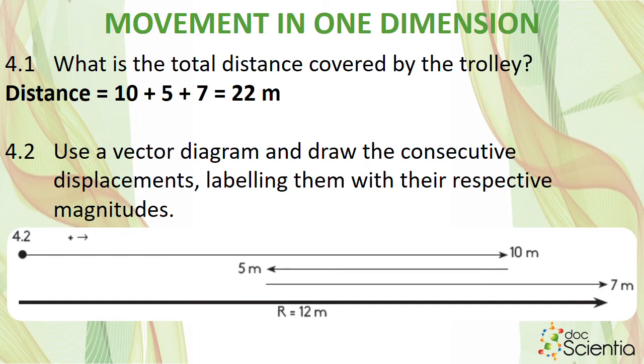So jy begin jou tweede pyltjie onder jou eerste pyltjie en jy teken hom daai kant toe. And then you're going to say that to there. Goed. En dan het hulle vir jou sommer die resultante ene ook ingesit. So in totaal het hy 12 meter na regs beweeg, of die netto ene.